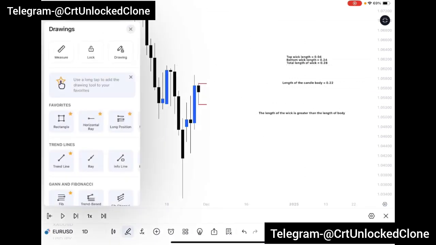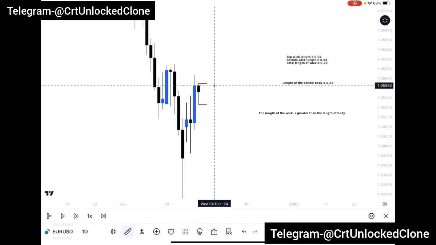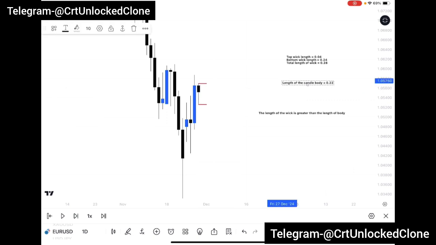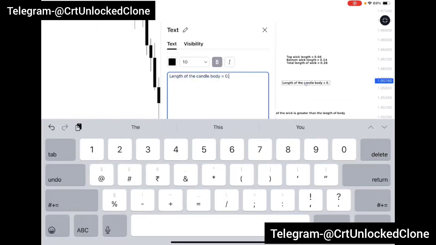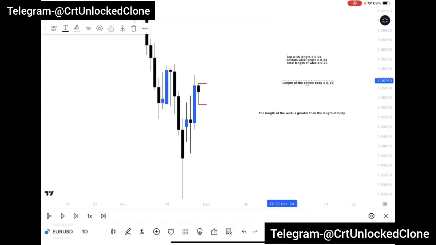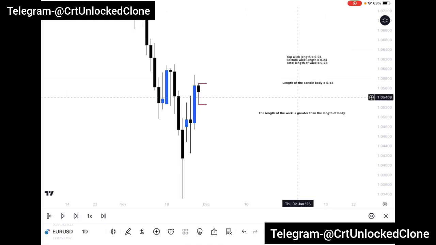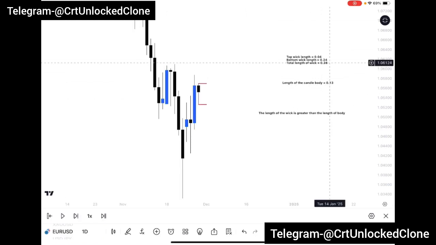Now let's check the length of the body of the same candle, which is 0.13. Here just write it. Length of the body is 0.13. So now we got our length of the wick is 0.28 and length of the candle body is 0.13.